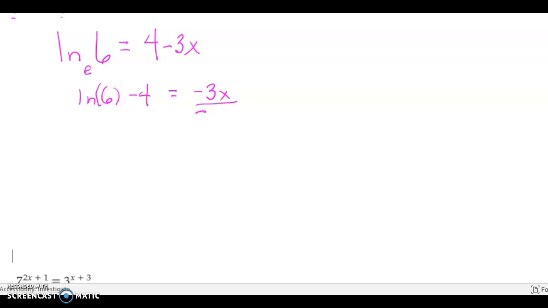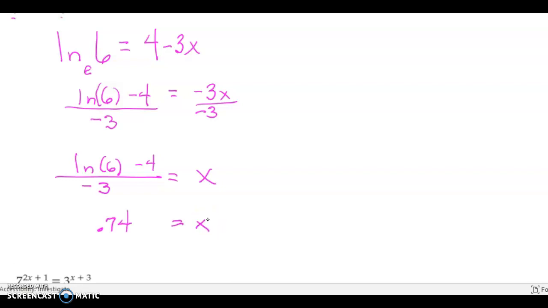We're going to divide both sides by negative 3, and my exact answer is the natural log of 6, close parentheses, minus 4 divided by negative 3. That's what we call an exact answer. I'll be back with the decimal value. And I get x equals 0.74.